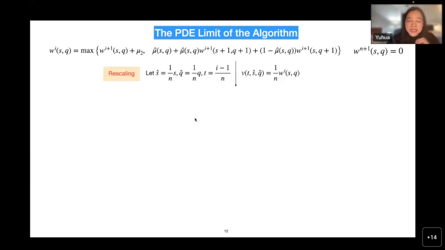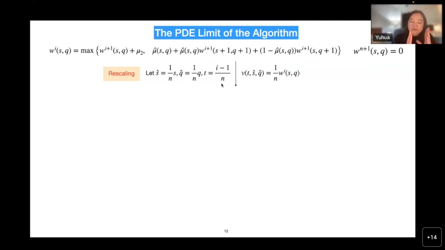And the key point here is to do a rescaling of the round i and the history data S and Q. So first, we rescale the round by 1 over n. The reason is that previously we have n rounds, and after we rescale by 1 over n, these n rounds will shrink into the interval from 0 to 1.